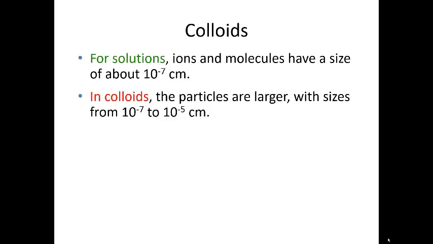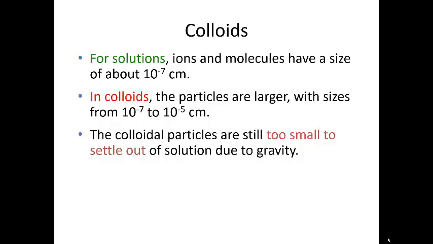For solutions, the ions and molecules have a size of about 10 to the -7 centimeters. In colloids, we're talking about 10 to the -7 to 10 to the -5 centimeters. So these are going to be things like fat globules and proteins and things that are much larger than the ions and molecules that we would have in the solutions we've worked with in class.